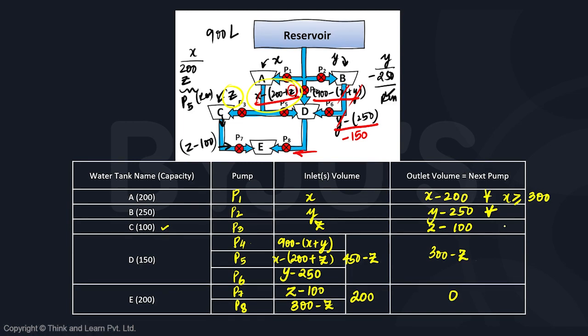So for Y, the volume getting into water tank B should be greater than or equal to 250. Comparing C and D, Z is going to be at least 100 and at most 300. So this is the range of the values of X, Y, Z that we have to take care of while solving the questions.